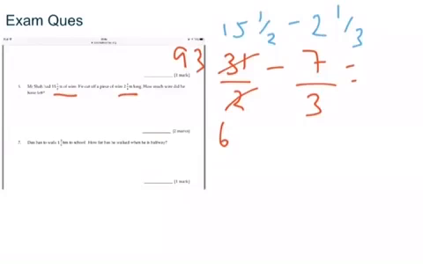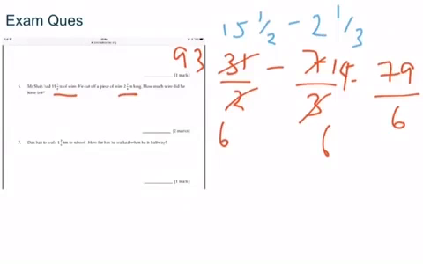In the other fraction then, 3 times 2 is 6. So do the same thing at the top. 7 times 2 is 14. So what is 93 minus 14? Well, 93 minus 14 is 79 over, and remember we leave the common denominator as it is, so 79/6.